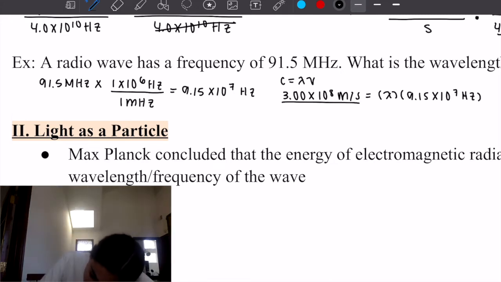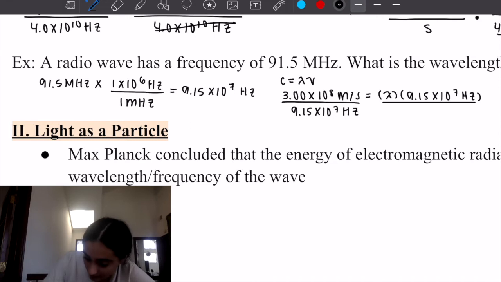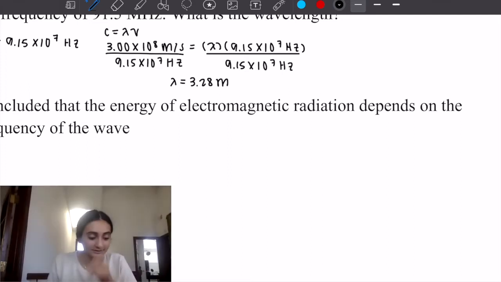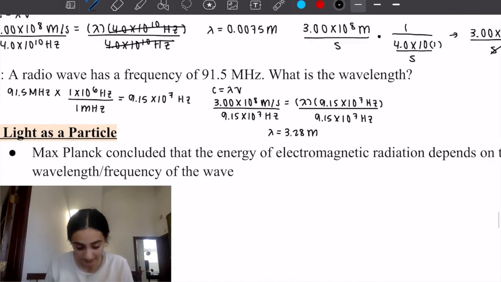Divide both sides by 9.15 times 10 to the 7th hertz. I've already showed you how the units work out. We get 3.28 meters as the wavelength because of rounding.